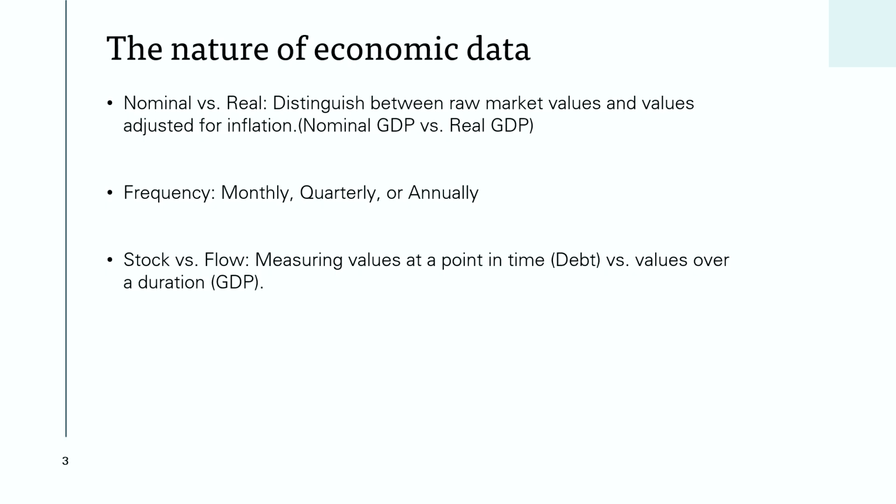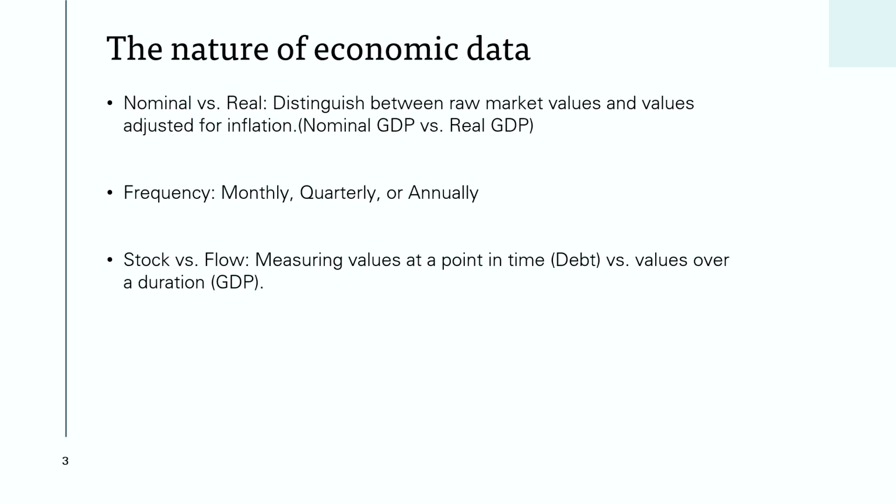The second characteristic of economic data is frequency. Economic data may be reported monthly, quarterly, or annually. For example, unemployment data is often reported monthly, while GDP data is commonly reported quarterly. A third distinction is between stock variables and flow variables.